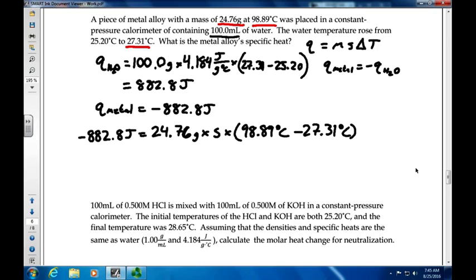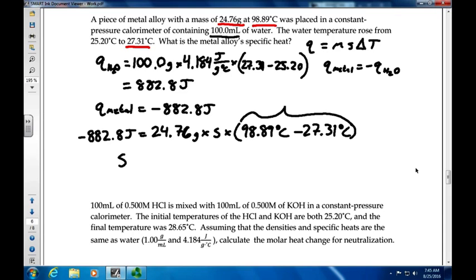You can do the calculation out. You could switch the algebra and make it so that you're solving for S specifically. Simply divide this whole thing by, you want to do the stuff inside the parentheses first, and then multiply it with the 24.76, and then take that whole value and divide it from the 882.8 joules to get your specific heat.